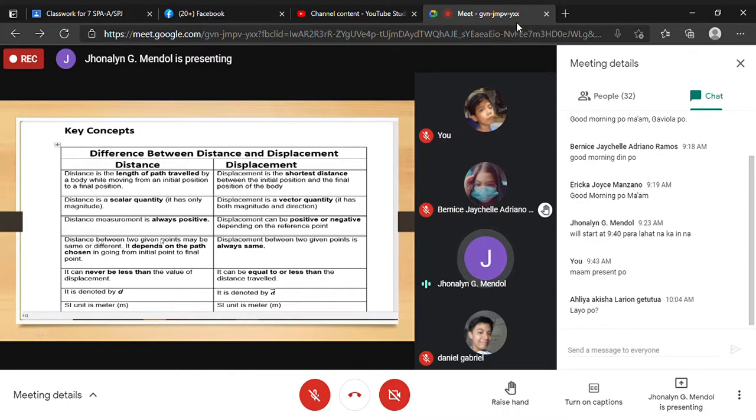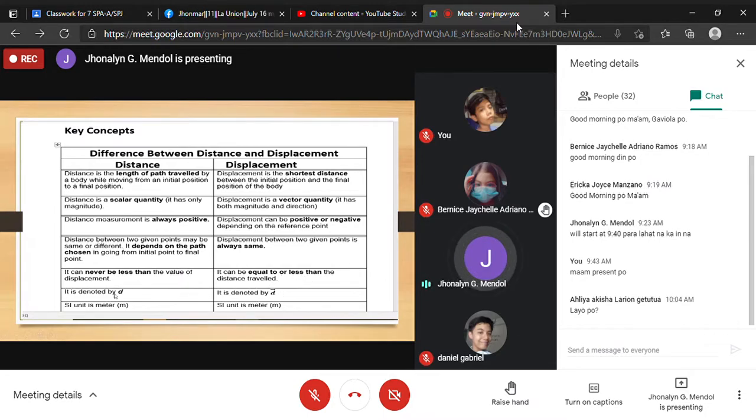Distance between two given points may be same or different. It depends on the path chosen in going from initial position to final point, while displacement between two given points is always the same. Okay, distance can never be less than the value of displacement, while displacement can be equal to or less than the distance traveled.